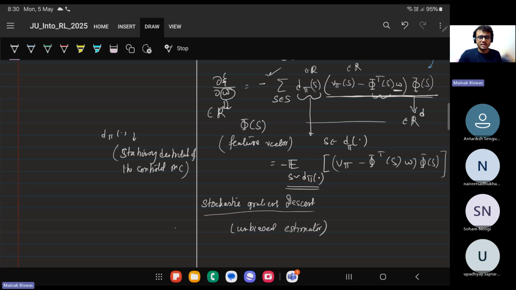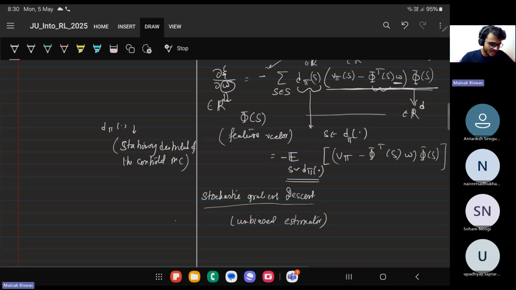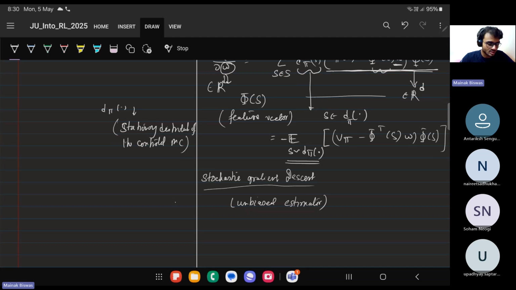So what does an unbiased estimator mean? You sample S from the distribution d pi, the stationary distribution. After sampling, how would you update? Because this is the gradient, you would update it with the expected value of this. This is just gradient descent.